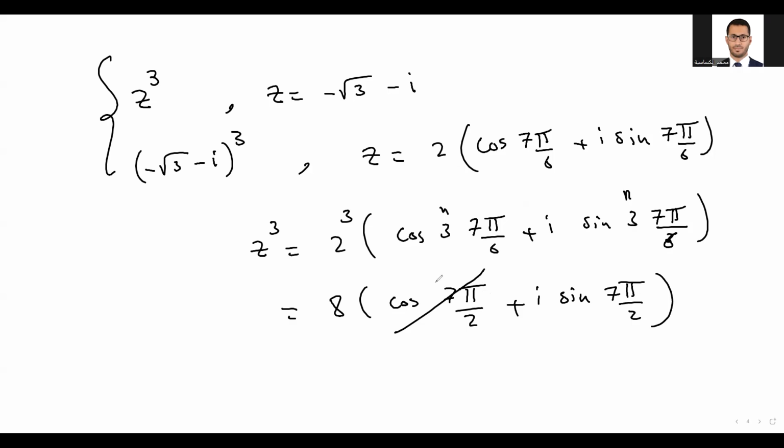The cosine of 7 pi over 2 is 0, and the sine is negative 1. So we have 8 times (0 plus i times negative 1), which equals negative 8i.